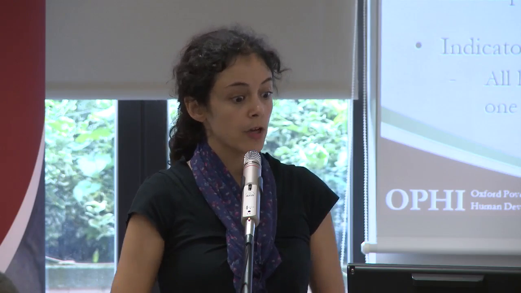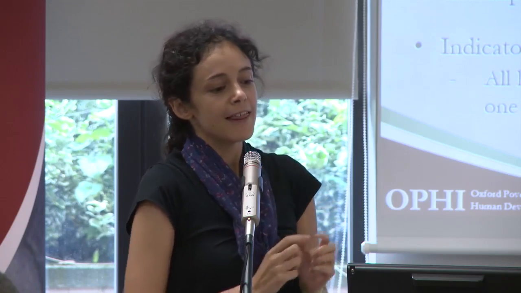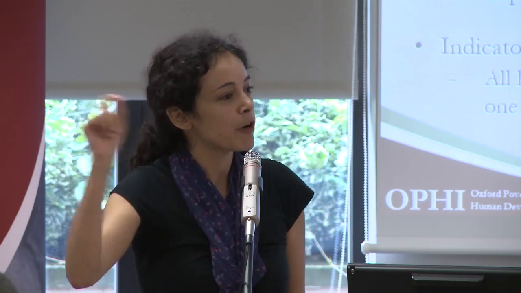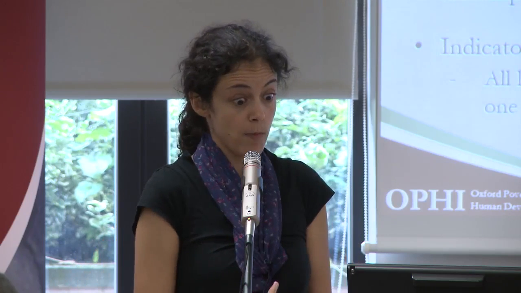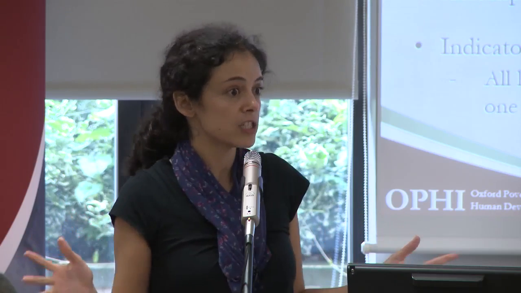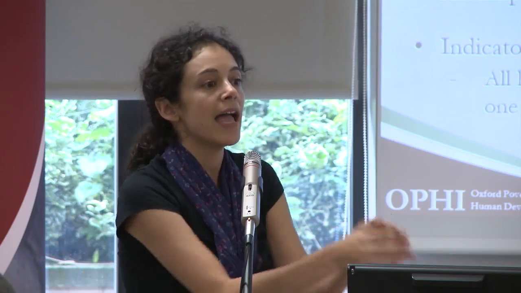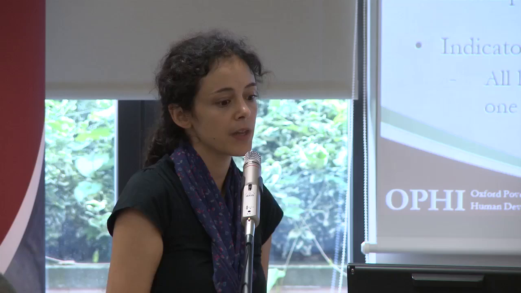So our normative decision was to define that a household is deprived if there is at least one child or a woman that is undernourished. So what I'm assuming here is a negative externality. Having someone undernourished in my household is negative for me.